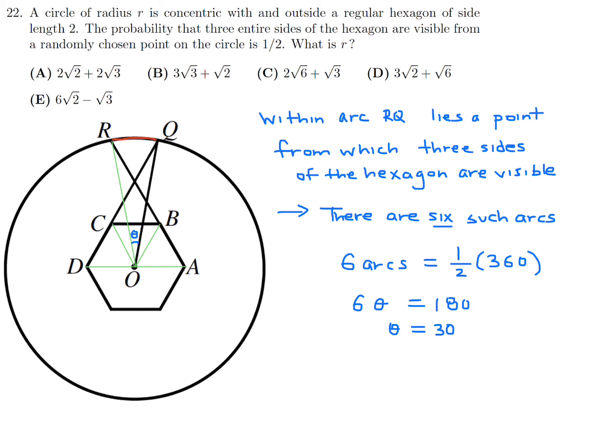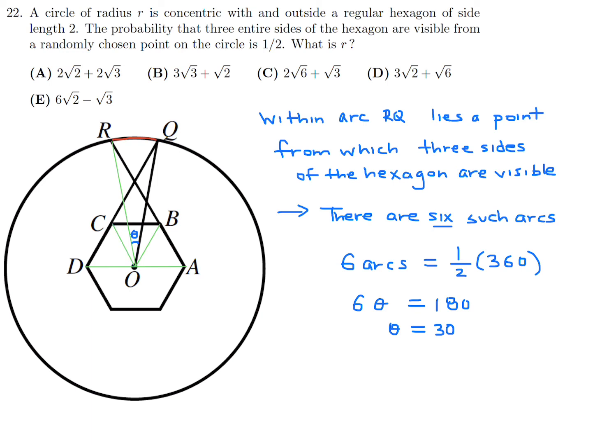For example, one way is to understand that internal angles of a hexagon are equal to 120. So from here to here is 120. So each of those, since we're slicing the angle in half, is going to be 60. Now the reason that is important is because it helps us know the side length from C to O. Because the hexagon has a side length of 2, if CB is 2, then CO is 2.